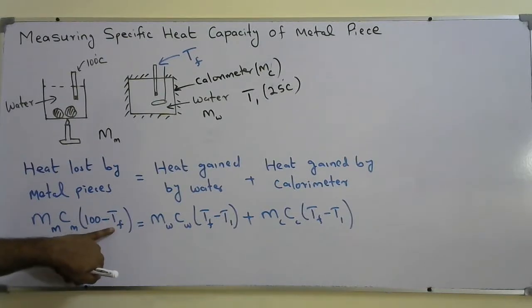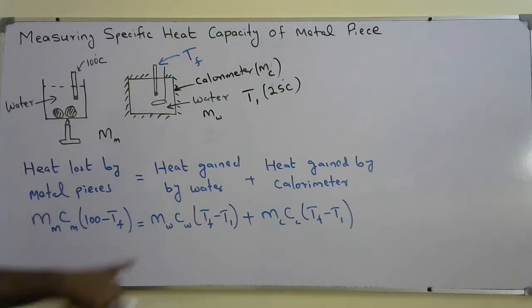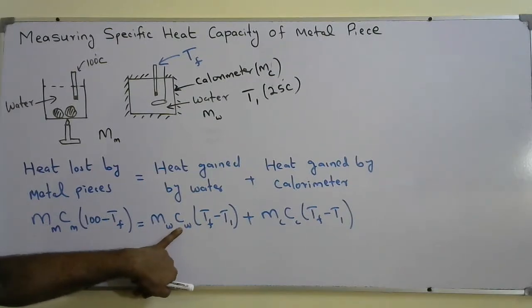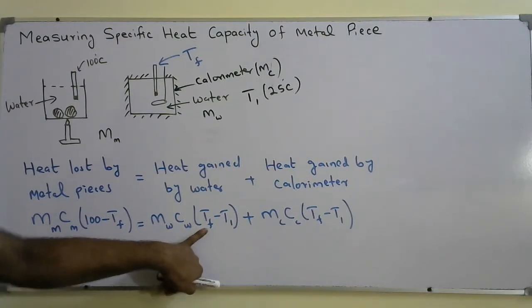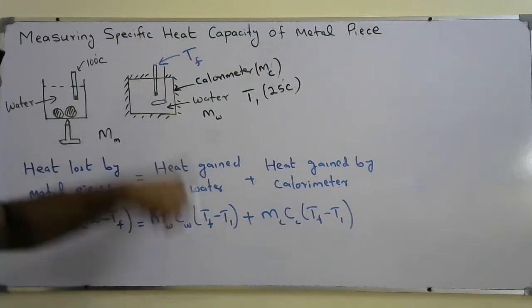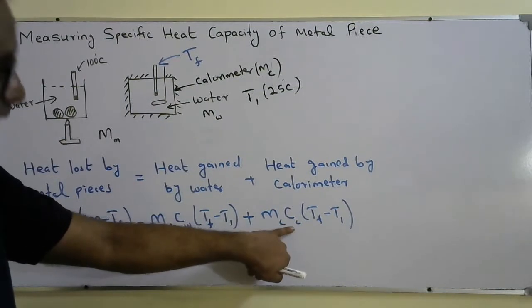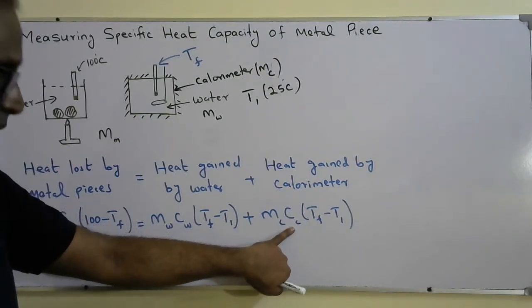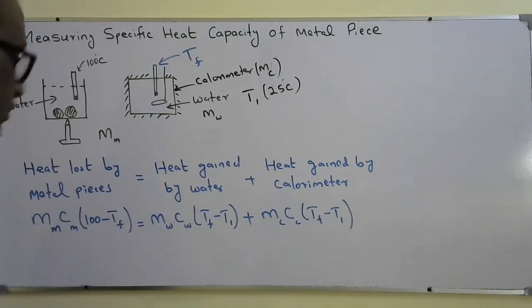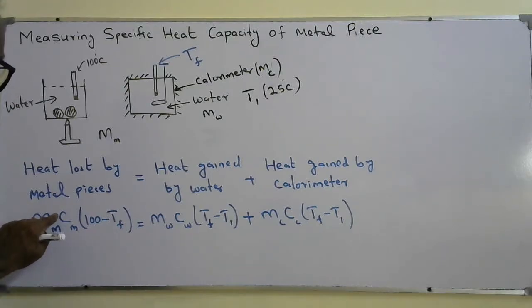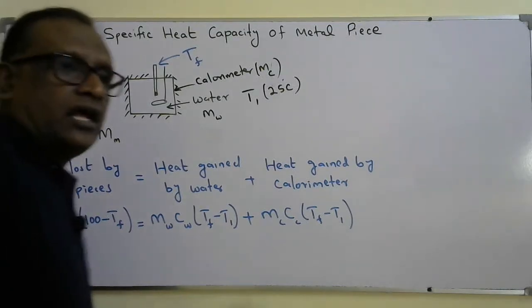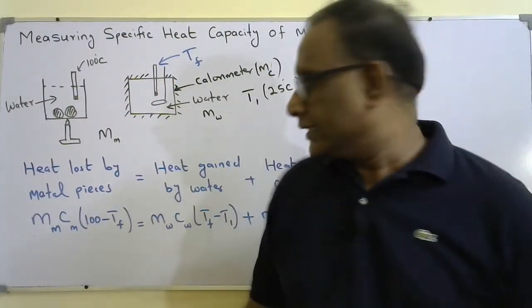We know the final temperature recorded by the thermometer, the mass of the water, the specific heat capacity of the water, the final temperature we measured, and the initial temperature of the water, mostly room temperature. The mass and specific heat capacity of the calorimeter we know. TF, T1, everything we know. Only Cm, the specific heat capacity of the metal piece, is unknown. So with everything known and only one unknown quantity, you can calculate it.